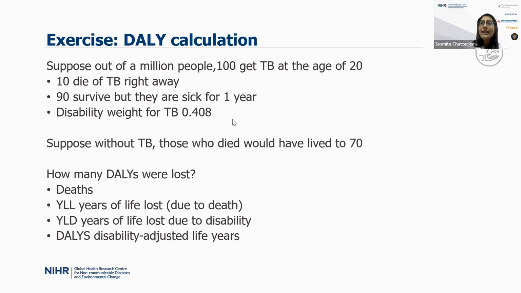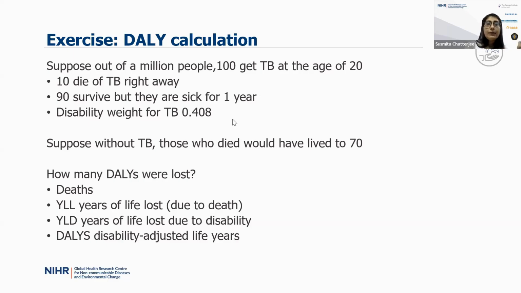So 90, the formula was prevalence multiplied by disability weight. What is the prevalence here? I want to know what is the prevalence.